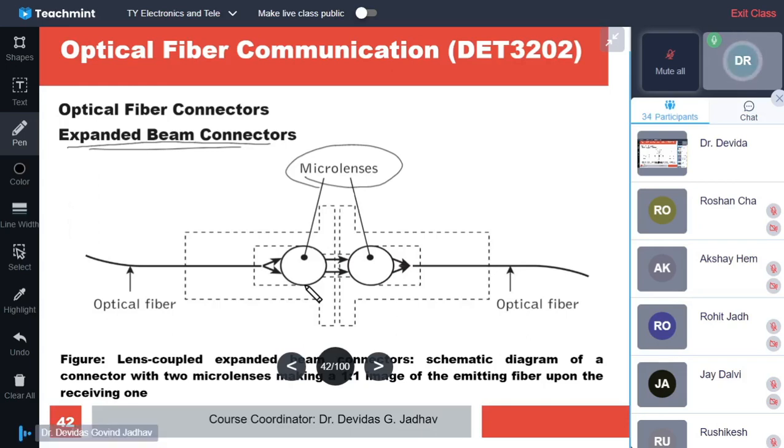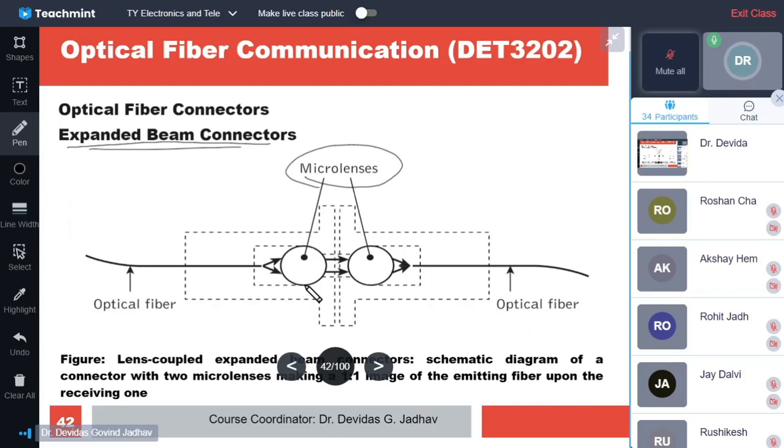They have dimensions of a few hundred micrometers, as compared to the fiber, so their dimensions are very large, so that they can cover all the light diverging from one fiber, and they can focus the light on their focal point to launch into the other fiber.